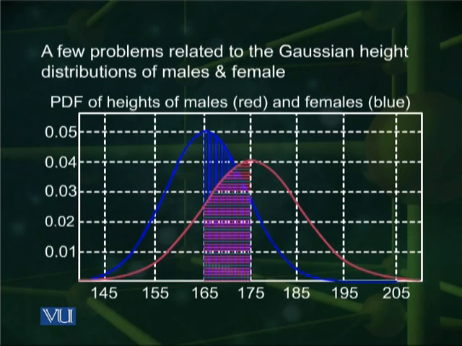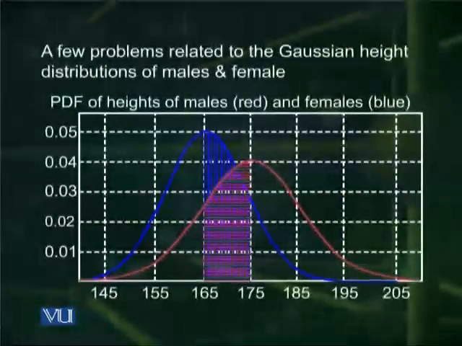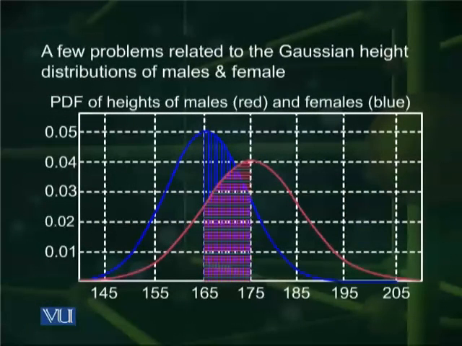Let's look at the slide to find probabilities of two other interesting events. What is the probability that a randomly selected girl is taller than 185 centimeters? I have picked this 185 arbitrarily. You can use any other value to find such probabilities. The probability of this event is shown as the solid blue tail of the blue distribution to the right.